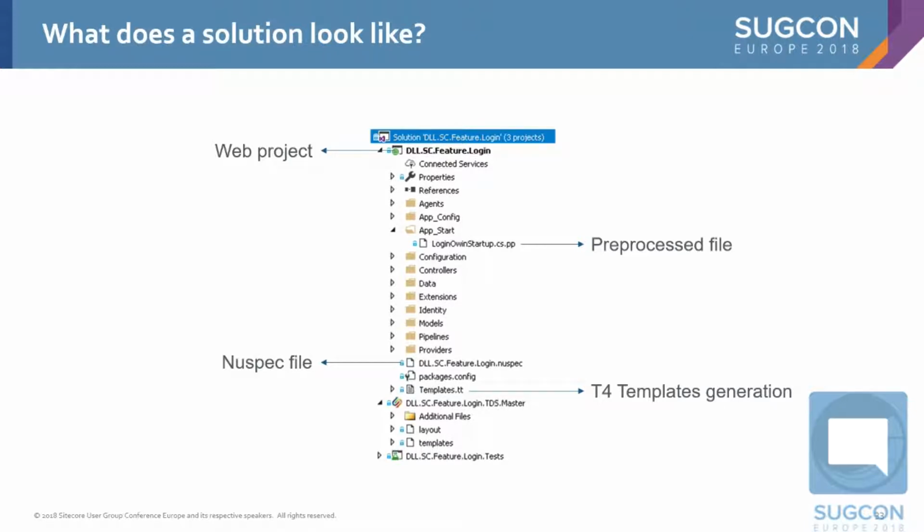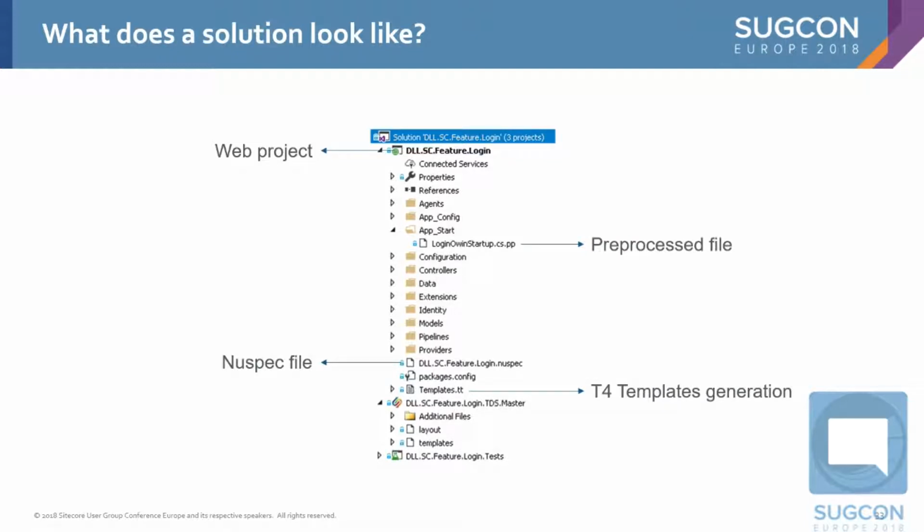We actually use T4 templates generation. We could also use the TDS generation instead. So it's basically, again, choices. This is because all of these have been nurtured out of solutions.